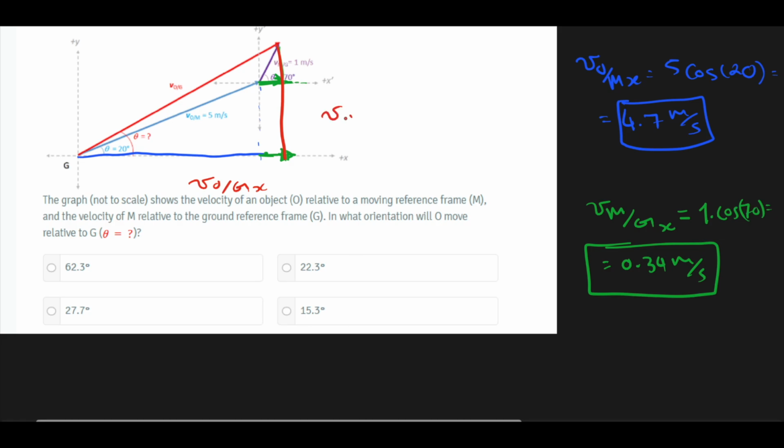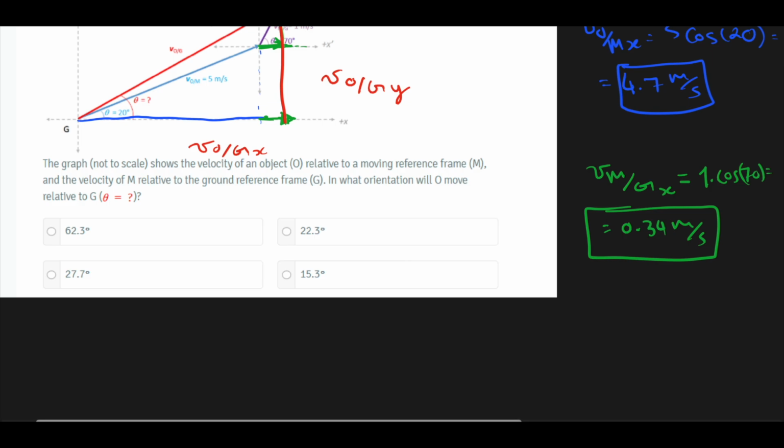So to find VO, G, y, we will use the sine of the blue vector and the purple vector. So let's do it. So for the blue vector, we will have VOM y is equal to 5 sine 20 this time, which is equal to, let's see, 1.7 meters per second.